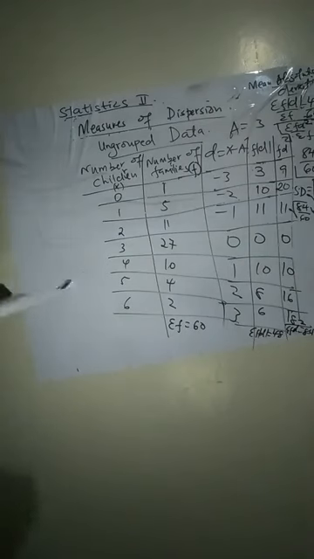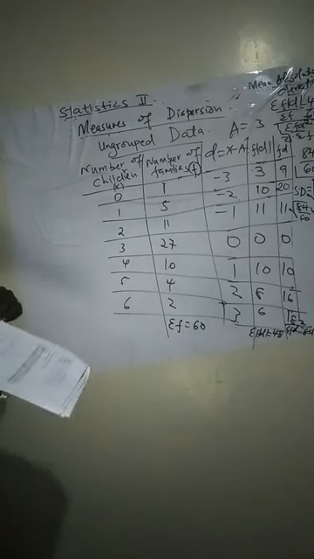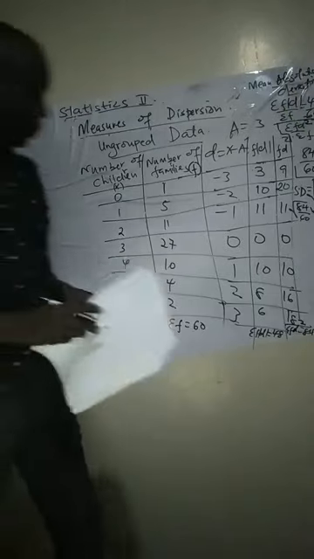So you can look at that before I discuss the last part of this chapter, which is the cumulative frequency curve. How do we draw it and how do we use it?